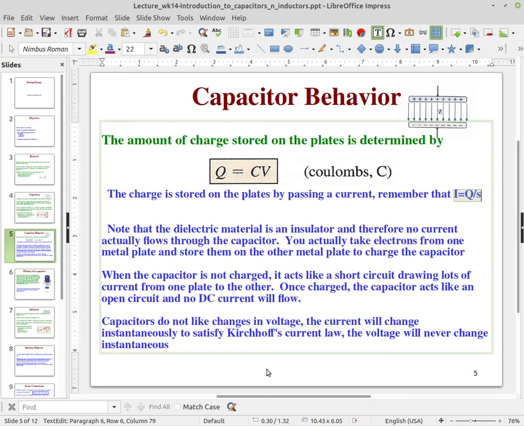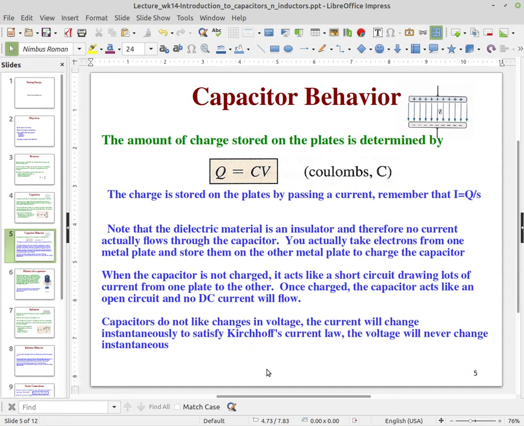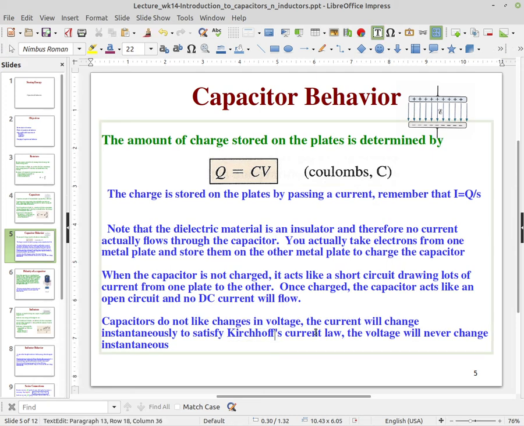So the voltage on a capacitor will not change immediately. It takes a while to change. But the current can change. You can have very large spikes in current. And so your current will change as needed to satisfy Kirchhoff's current law.